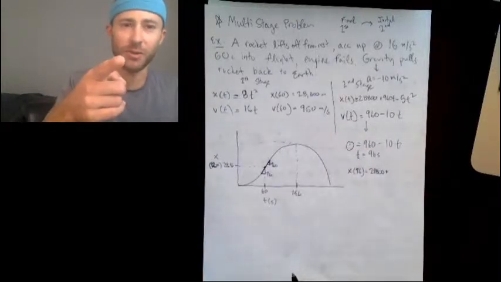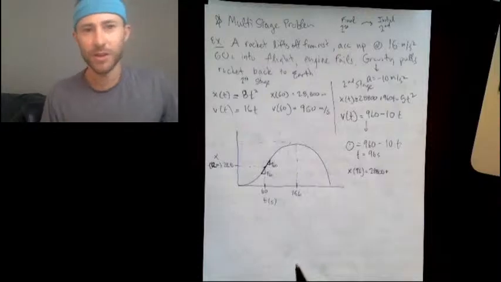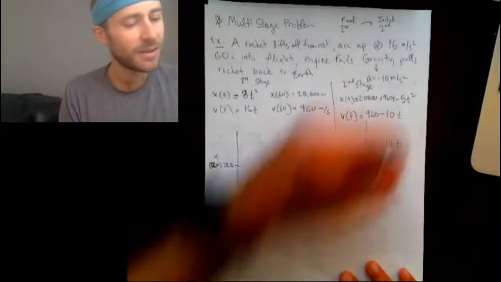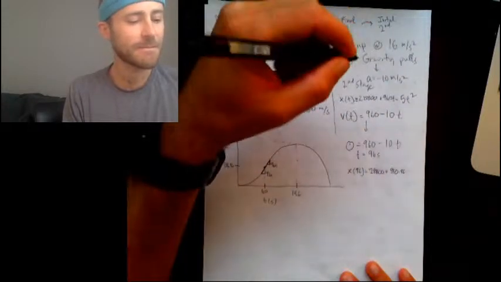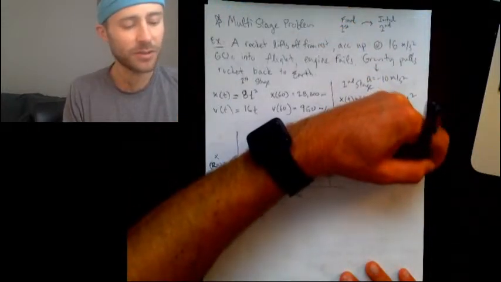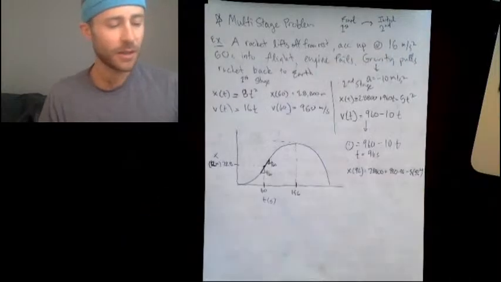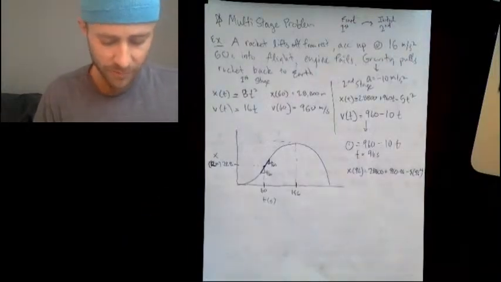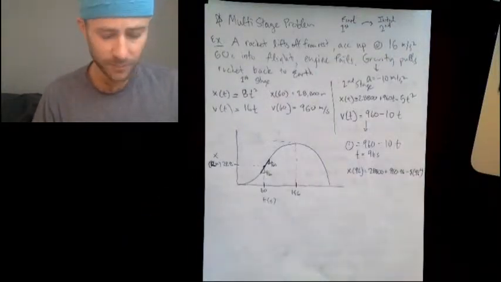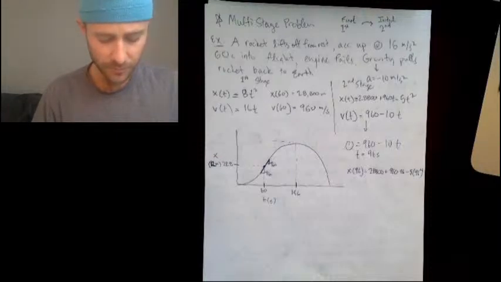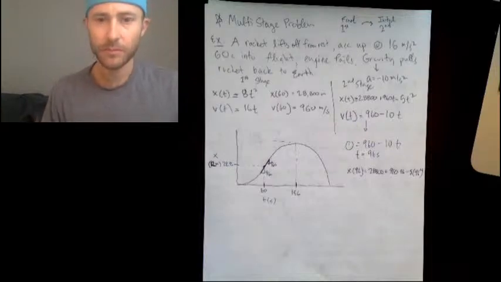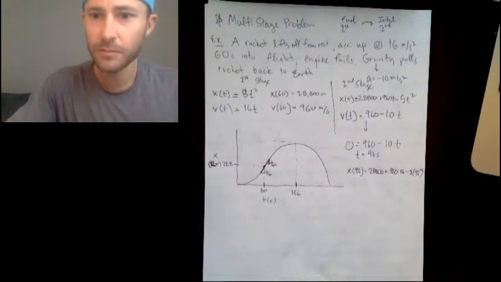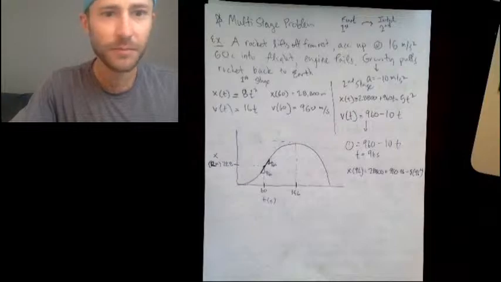Put it into the live chat if you caught that. 960 times 96 minus 5 times 96 squared. So I'm going to plug that into my calculator here. Guess no one caught it.